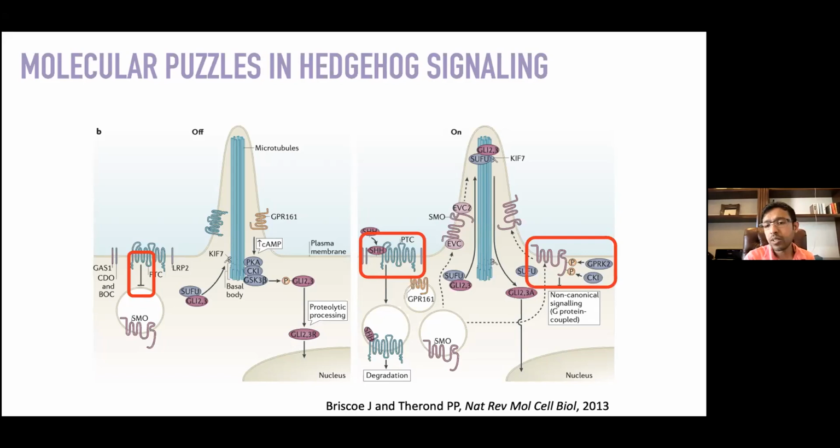We still to this day don't have a full understanding of how SMOOTHENED is activated and how it then triggers signaling cascades. And then finally, this orphan receptor GPR161, while it's known that it's a really important negative regulator of the pathway, we have very little understanding of what manipulates its function to serve as a regulator.